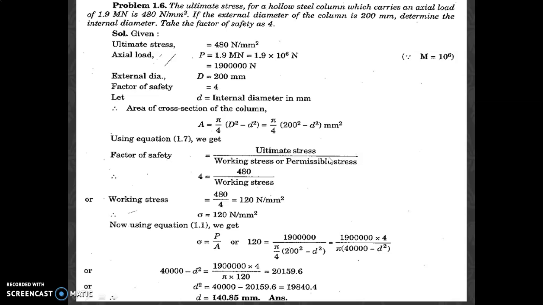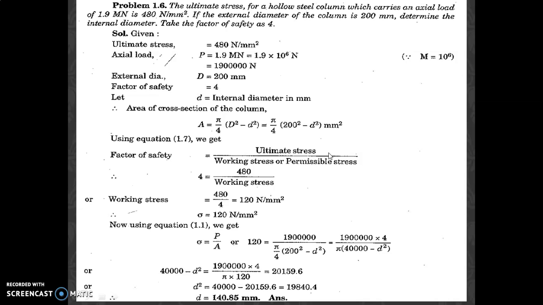The terminology of ultimate stress and yield stress is used in case of brittle or ductile material, which we are going to study now, because in this lecture we have to cover the stress strain curve, and there we will clear the concept of ultimate stress and yield stress. The yield stress is the concept always used for ductile material. Ultimate stress is the concept always used for brittle material.